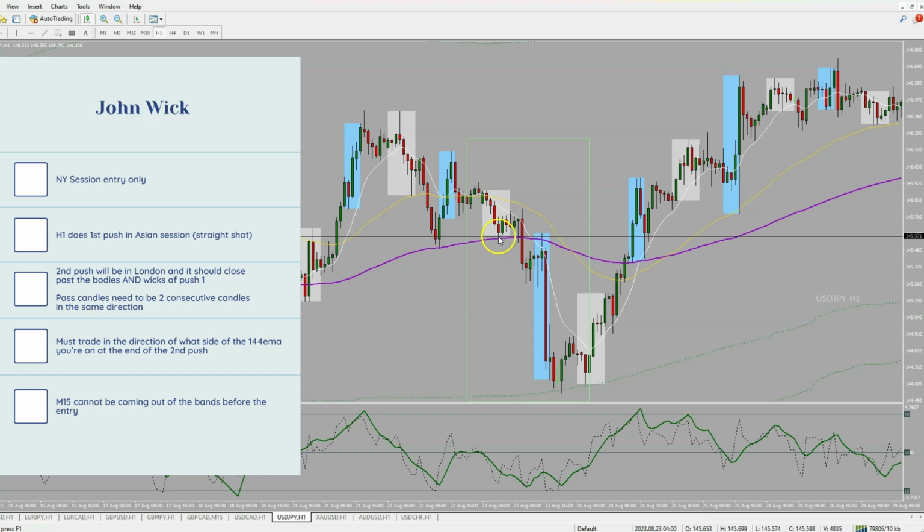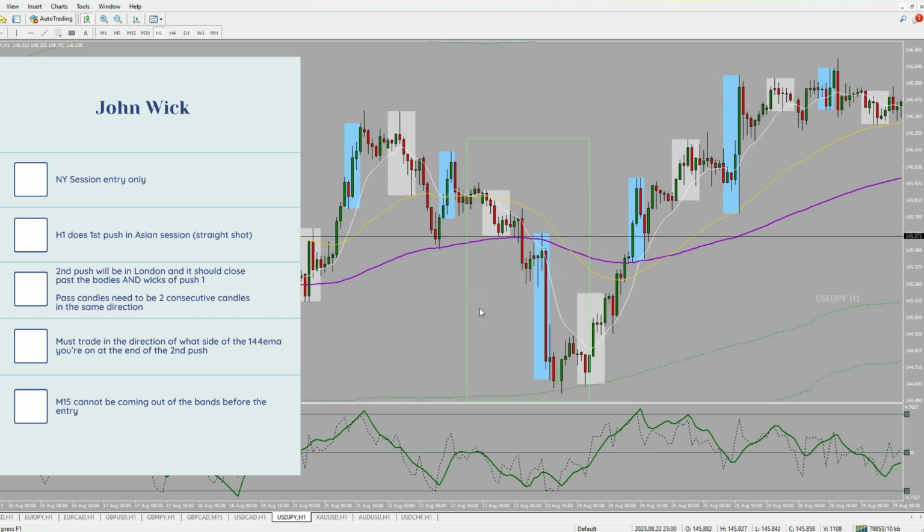So there's the wick, the lowest part of that wick. Then you get 1 red candle. It breaks through all of that. The first candle does not need to be the one that breaks all of it. That's just how it happened here. But between that move in general, you need 2 consecutive candles to break through that. So you get the first one right here, followed by 1 more here.